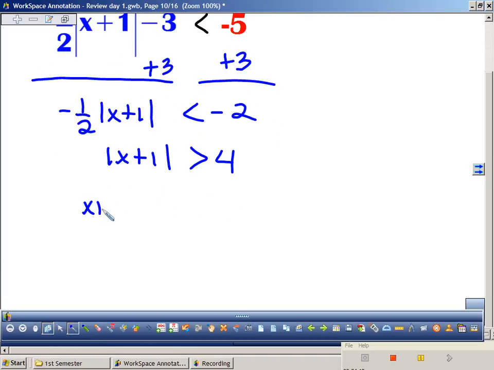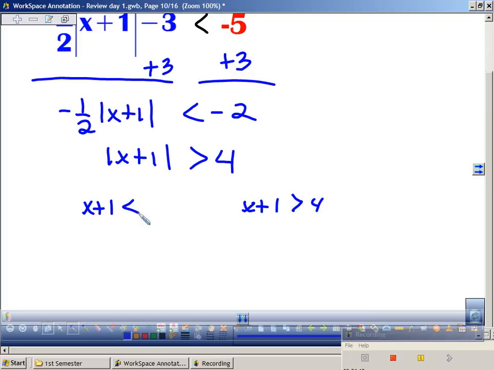I've got x plus 1 on this side and x plus 1 on this side. This one is greater than 4. This one is less than negative 4. Then we add 1 to both sides, and I get x is greater than 3. x is less than negative 5. There we go.